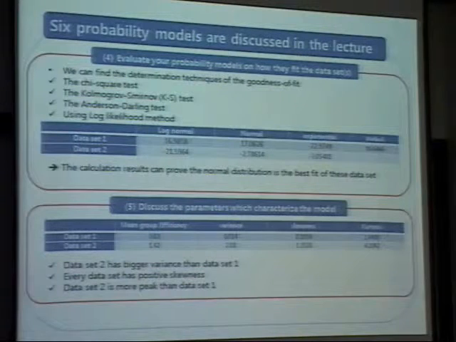Finally, we discuss the parameters which characterize the model: mean, variance, skewness and kurtosis. In the first presentation, I already mentioned the kurtosis and skewness values. When the data follows a normal distribution model, the skewness has to be close to 0, and the kurtosis close to 3, I remember.